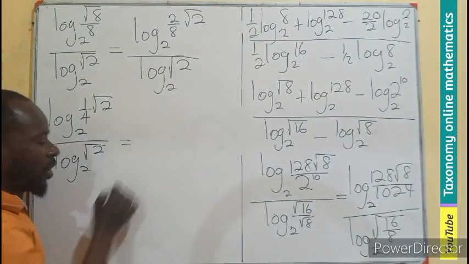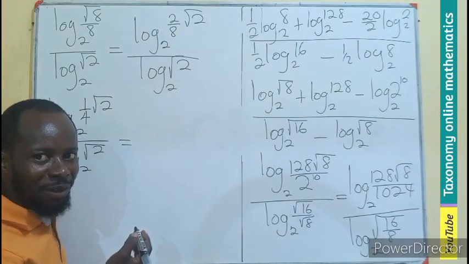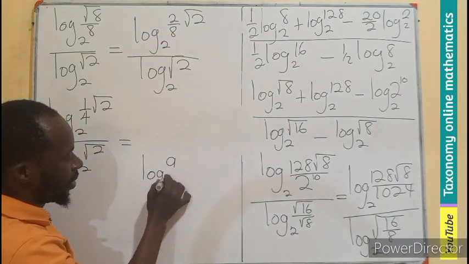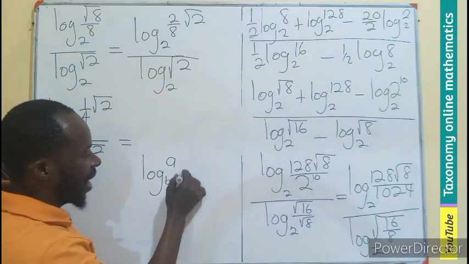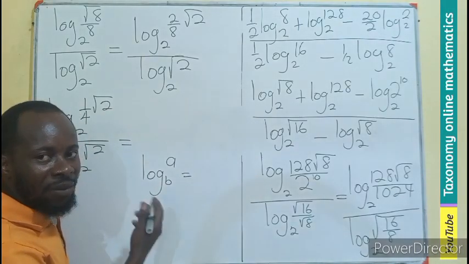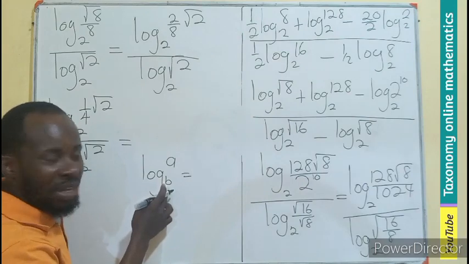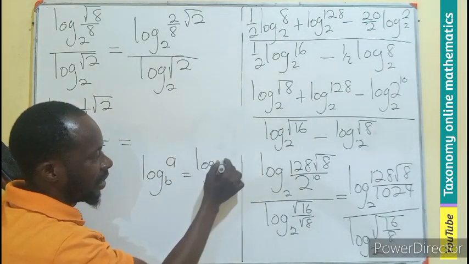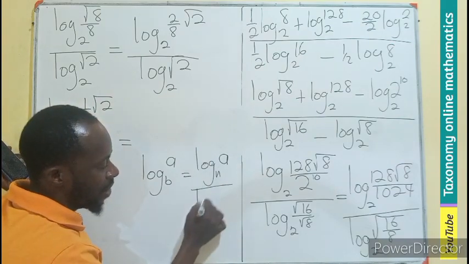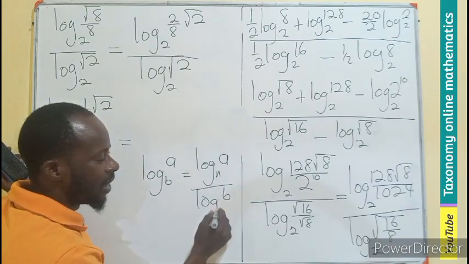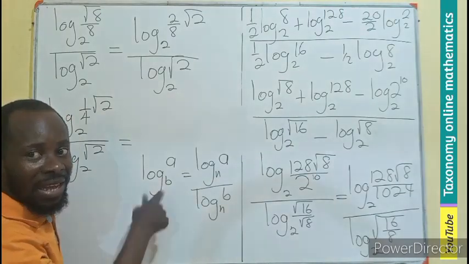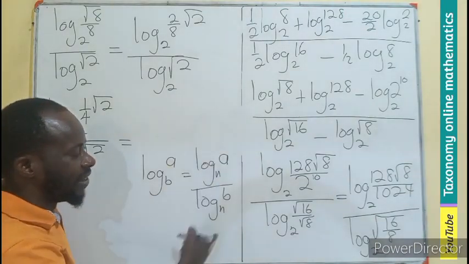I believe you can agree that we have what they call change of base. If I have log A base B, I can rewrite this using a different base. This is the base B. So it becomes the log of the base n, the number A, divided by the log of B, the base is n. I'm having change of base. The base is B. I want to change it to become base n.